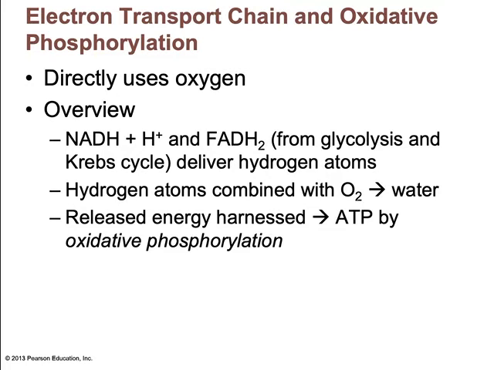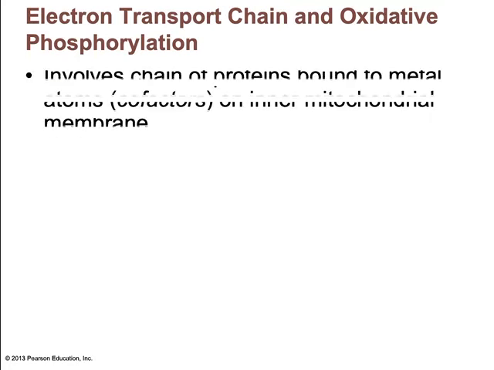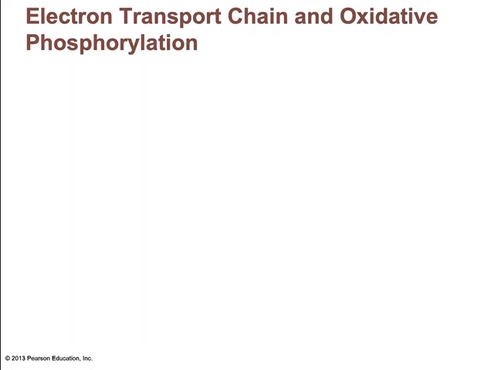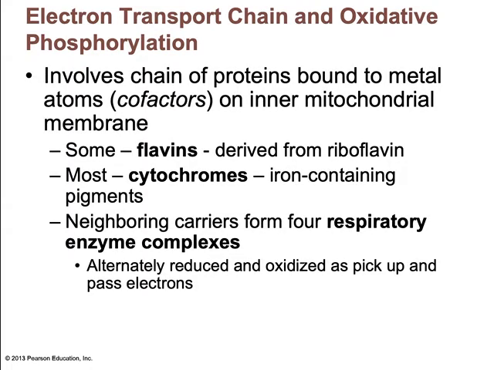And then as the electrons flow down this chain, which is embedded in the inner mitochondrial membrane, they lose potential energy, and that energy is used to pump protons from the matrix into the inner membrane space. And then the production of ATP is ultimately the result of the proton gradient diffusing through a membrane protein in the inner mitochondrial membrane called ATP synthase.